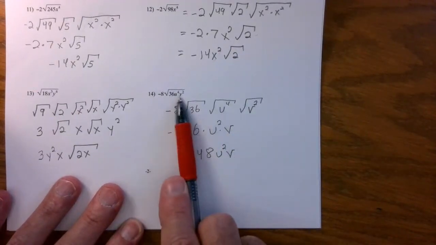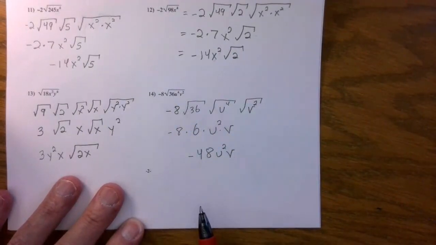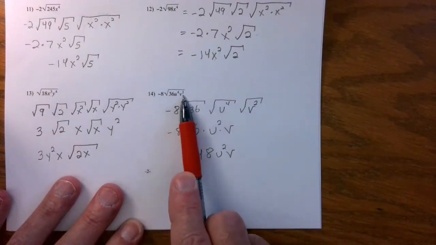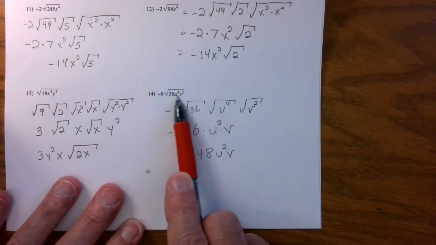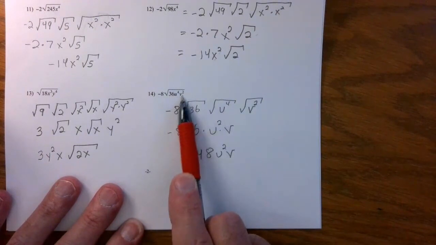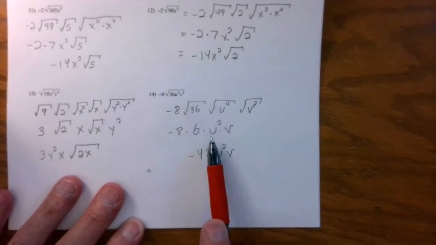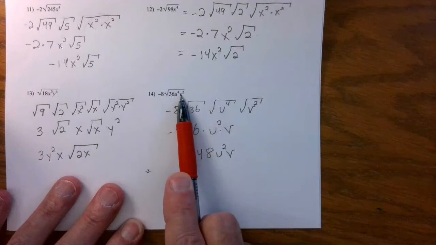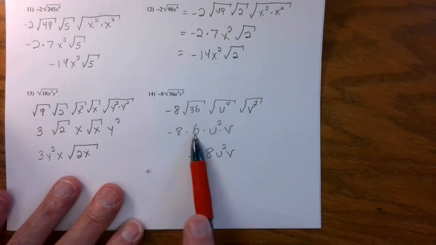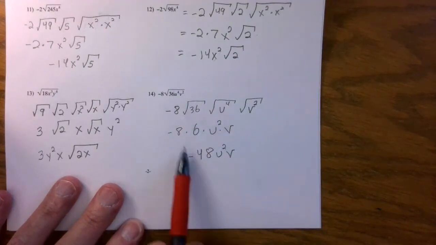So everything comes out of this one. There's nothing left inside. There's no radical left. This entire thing in here is a perfect square. It all comes out. 6u squared v comes out. And then 8 times 6 is 48. All right? Leave the negative sign.